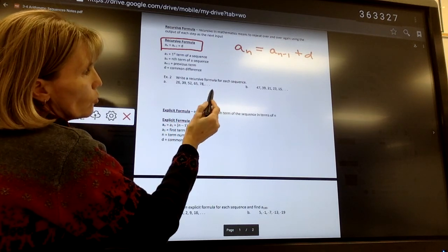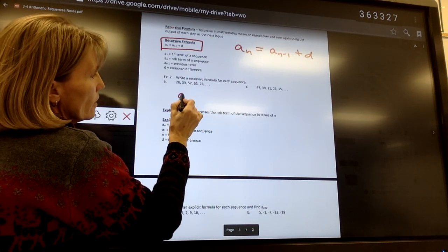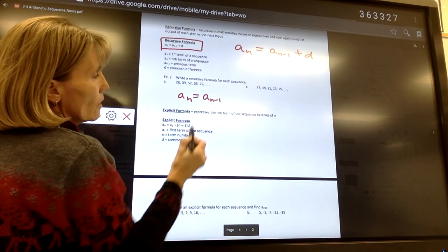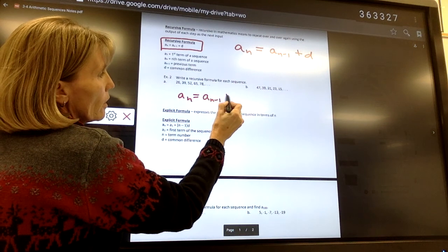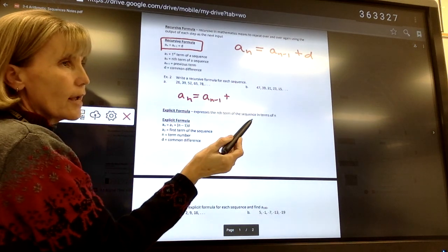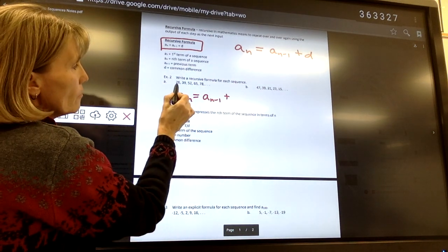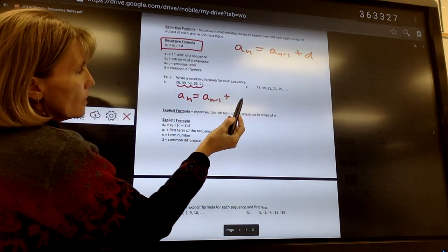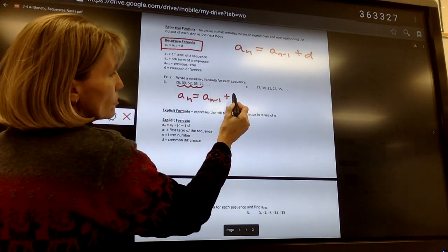So what I do here is to write the recursive formula. I just say the next number in the sequence is going to be equal to the previous number in the sequence plus whatever d is. The only thing you're adding to the recursive formula is the common difference. So you look and see what's happening between the numbers, and I can see each time it's increasing by 13.